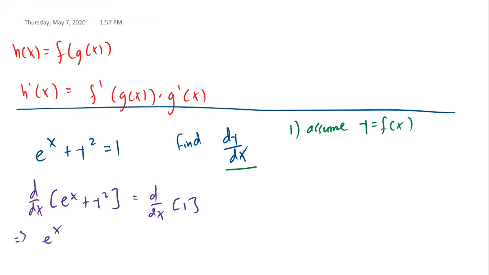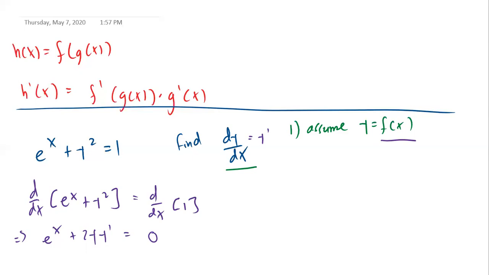The derivative of y squared with respect to x, where y is a function of x, you can just use a shortcut: take the derivative of this with respect to y, and just multiply by y prime. And of course, the derivative of 1 is 0. Then if you want to solve for y prime, that's the same as dy dx. Remember, y prime and dy dx are the same thing. So subtract e to the x from both sides and divide by 2y.